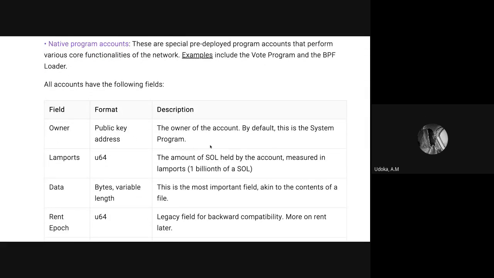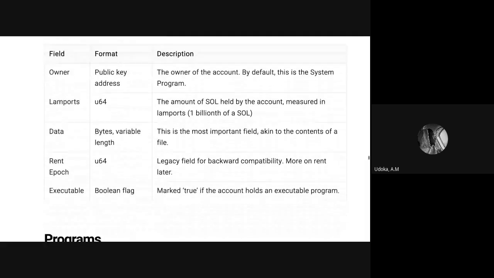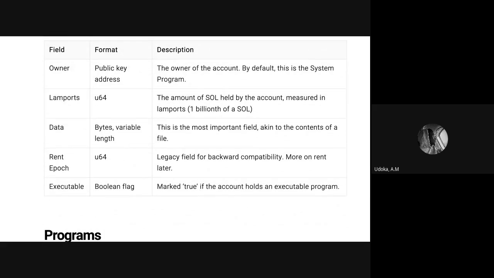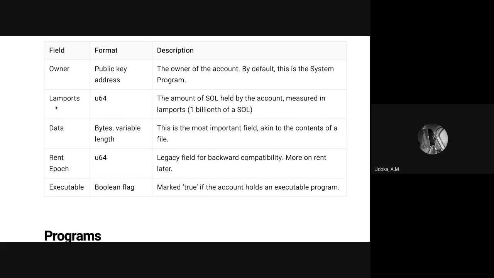And now the lamport field, because every account has this particular detail provided here, would contain a U64, which is basically an integer. And this will be the amount of SOL that is being held in the account.